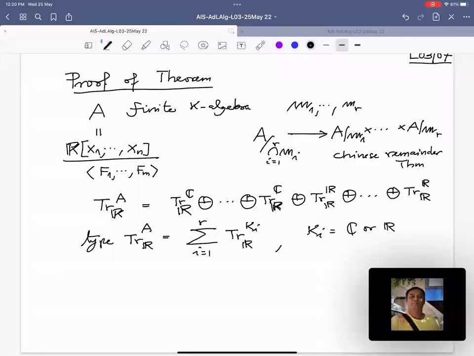And once you know the type, I forgot the type. Therefore, the signature of the trace form will be the sum of the signatures.